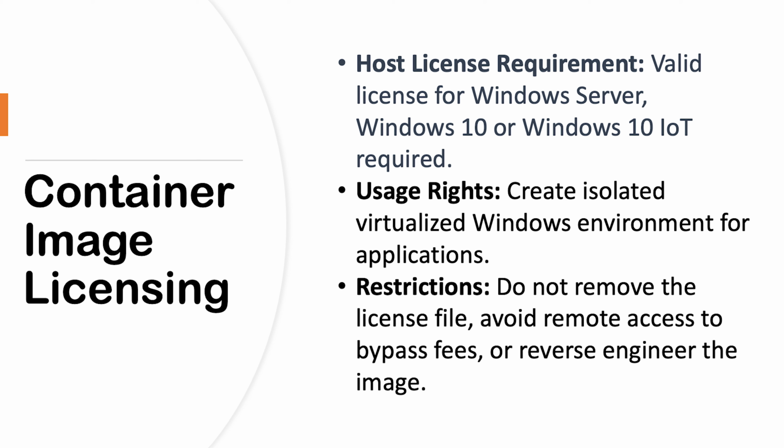You must run these images on a host that is already properly licensed for Windows, the server or non-server editions. You can use these images to build and run applications, but you can't strip out the license, reverse engineer the image, or use it to avoid normal licensing rules.